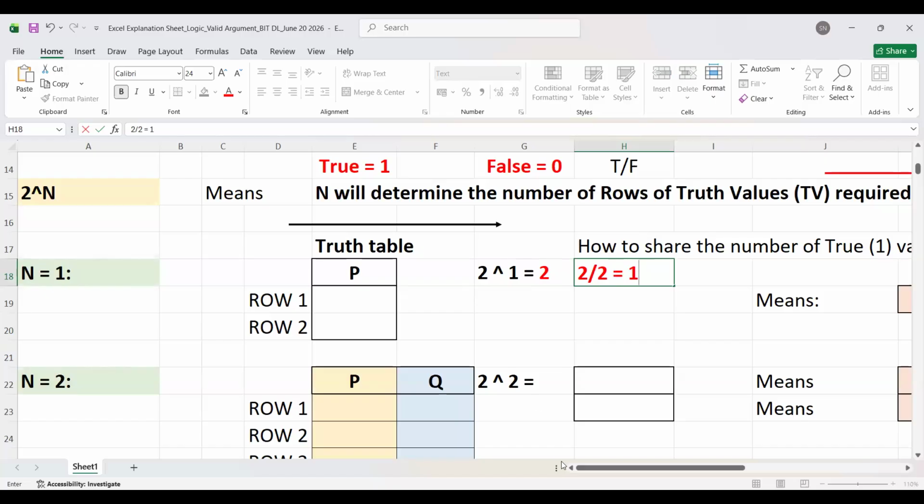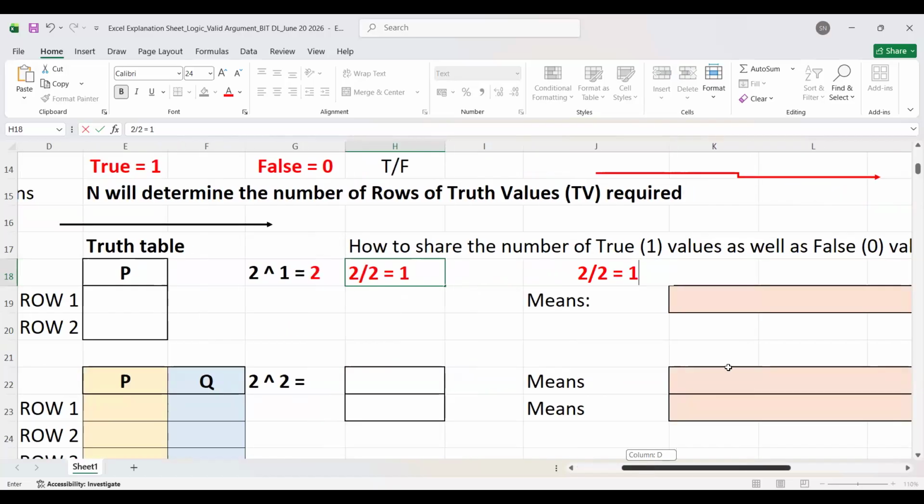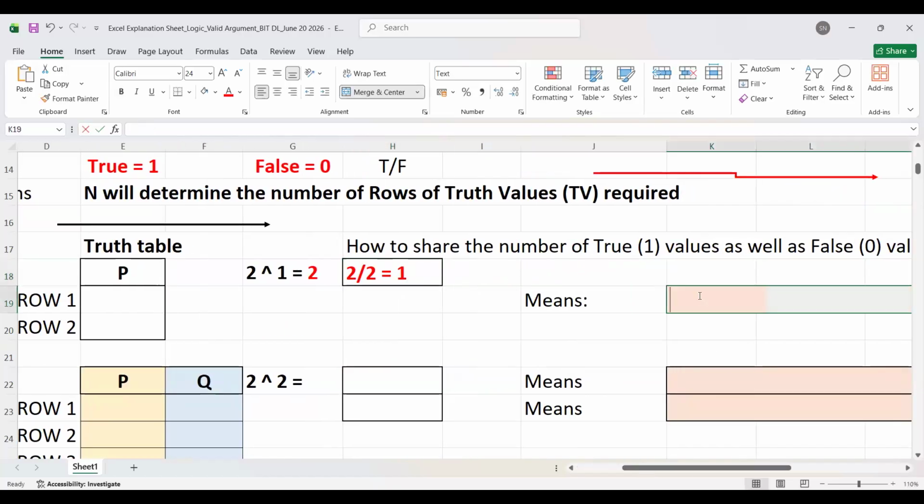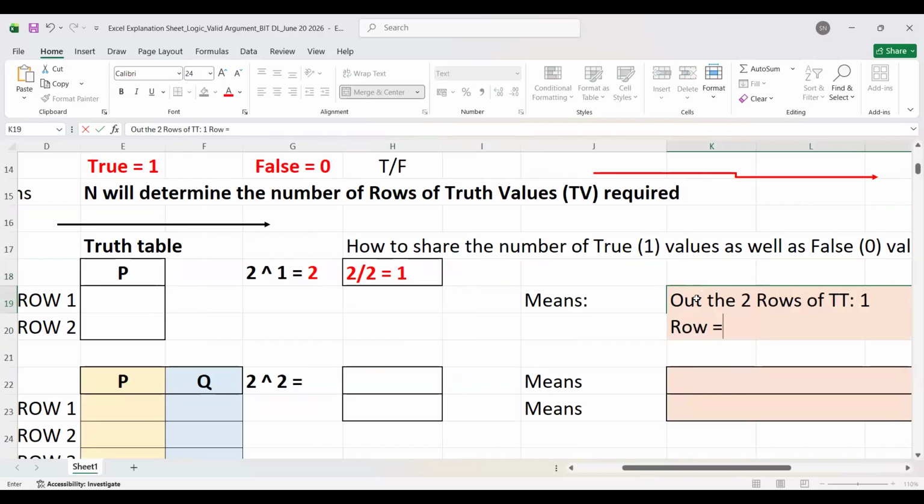Now, what does that mean? It means that out of the 2 rows, remember, 2 raised to the power 1 gives you 2 rows of your truth table, you pick 1 row and let it be true, in other words, let it be 1 or T, followed by another 1 row, and you let that value be false, F-A-L-S-E, in other words, let it be 0.